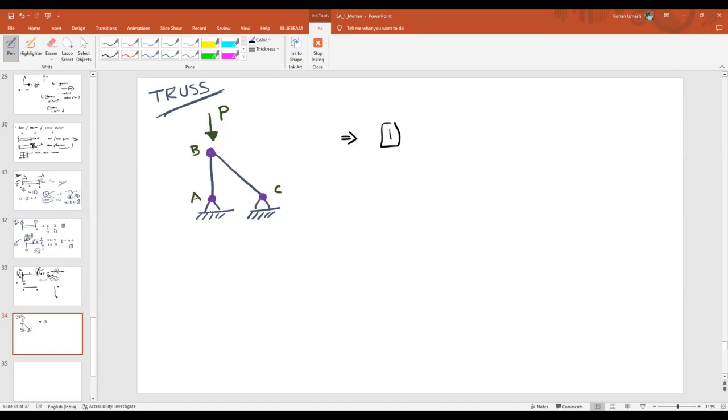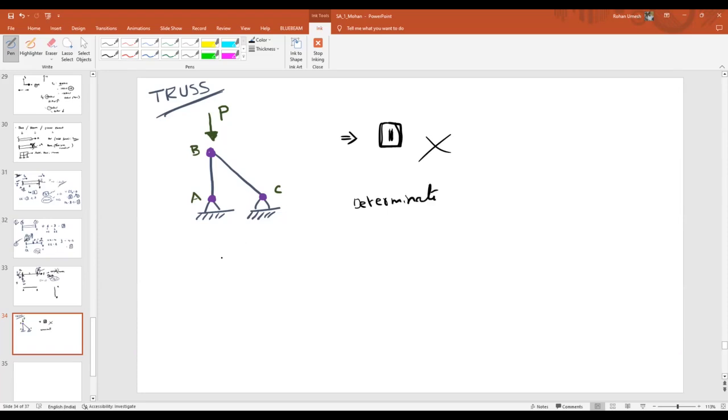Indeterminate, tell me. 1, sir. Everybody will agree? One unknown reaction, sir. Wrong. I can say this is a determinate case.